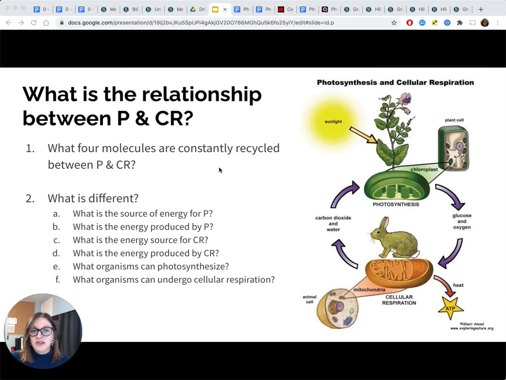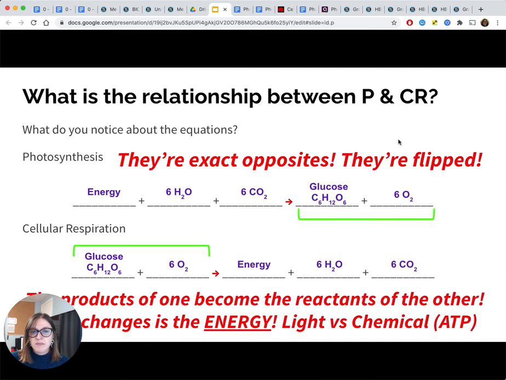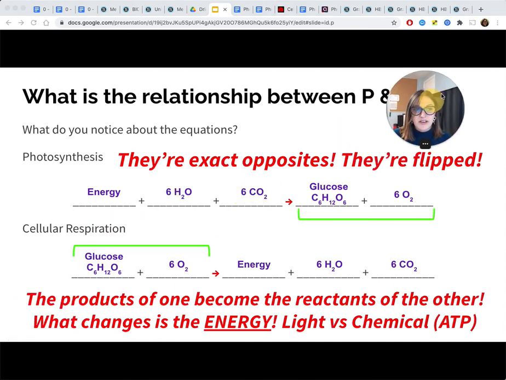Before I go through the answers to these questions, let's compare and contrast the 2 equations. When you take a look at these equations, what do you notice? For example, I see energy, water, carbon dioxide makes sugar and oxygen. And then I see sugar and oxygen makes energy, water, and carbon dioxide. There's a lot that's similar here. In fact, you might notice that these equations are simply flipped. They are exact opposites of each other.